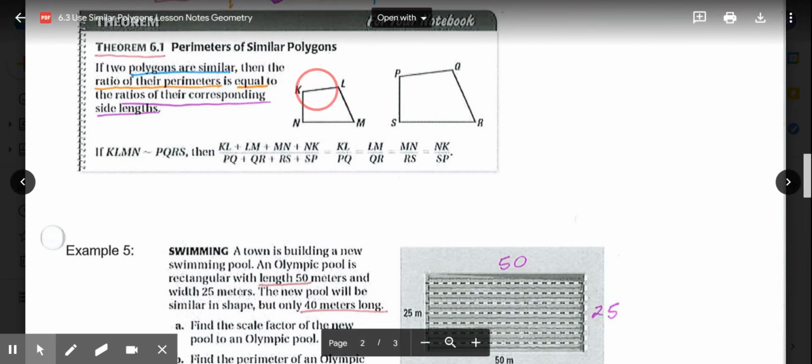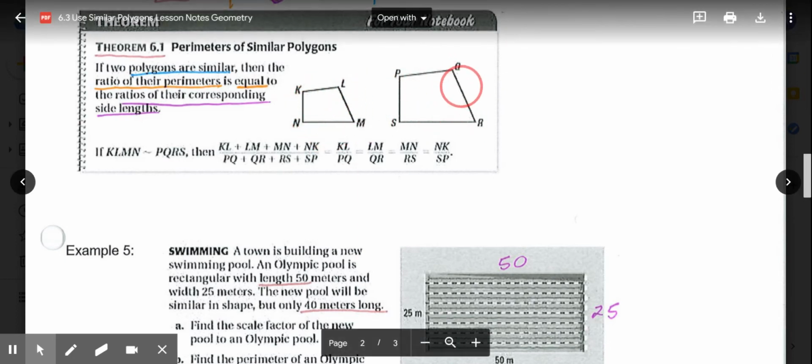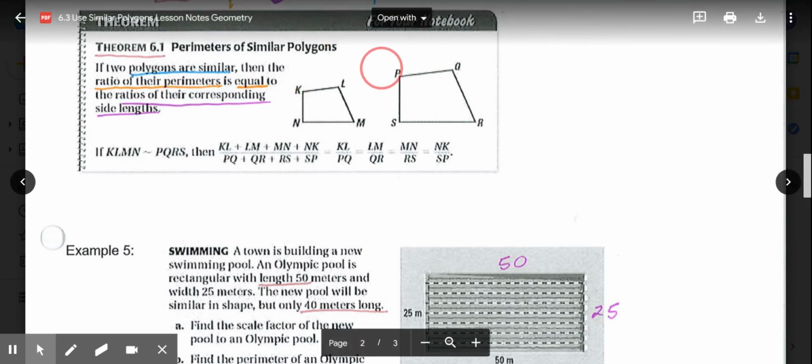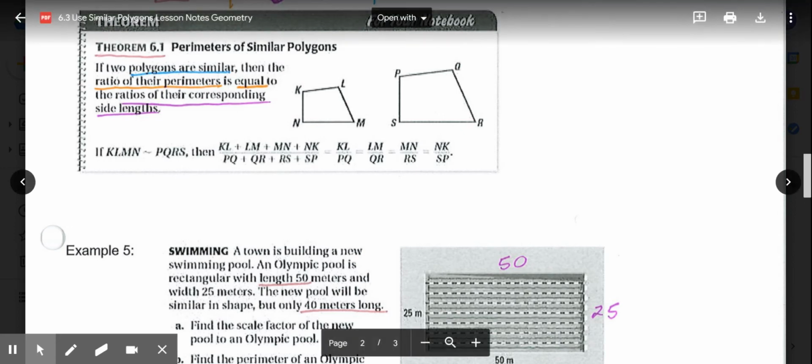Meaning if KL and PQ had a ratio of 2/3, then the perimeter of this whole shape compared to the perimeter of this whole shape would also simplify to 2/3. So each individual corresponding side ratio ends up being the same ratio as the overall perimeters.